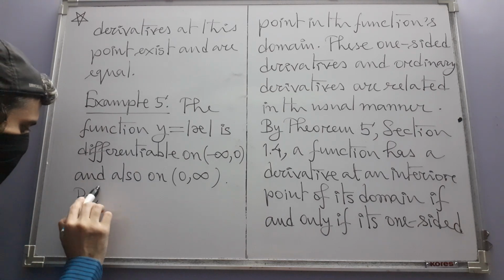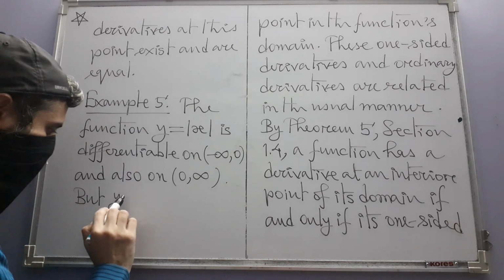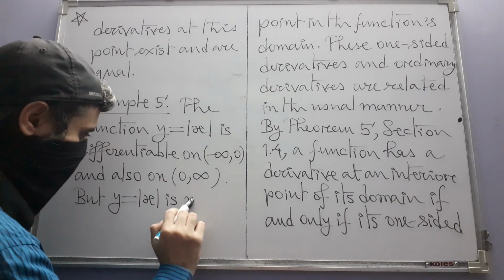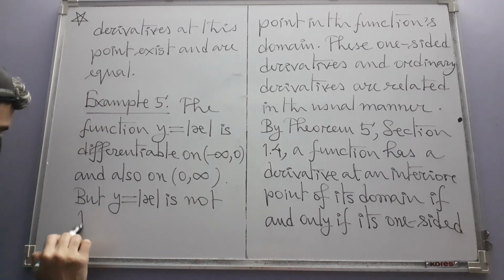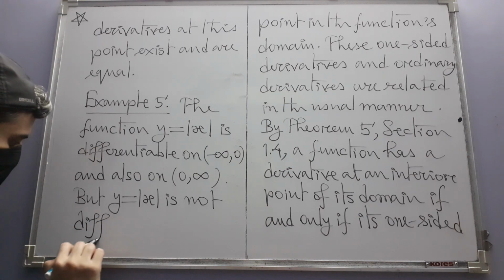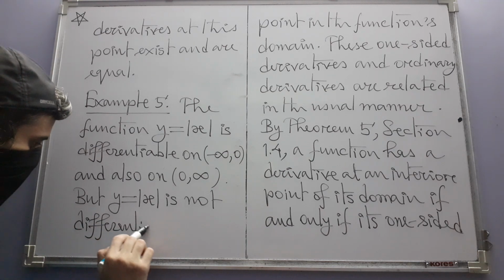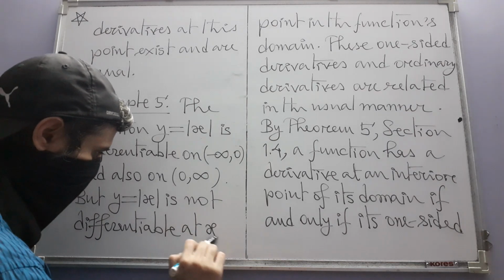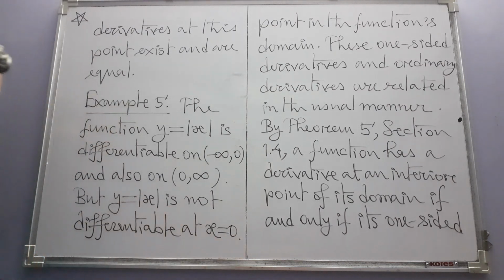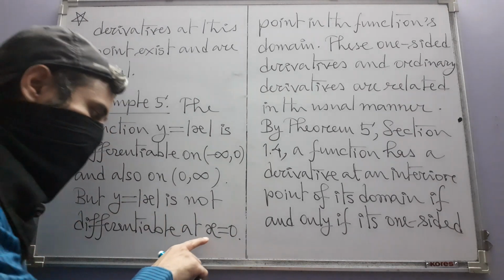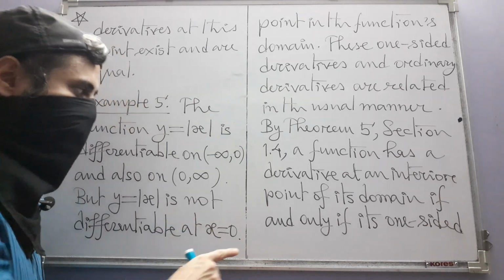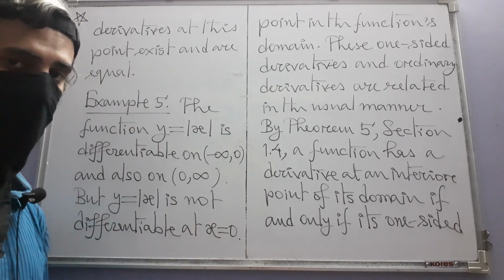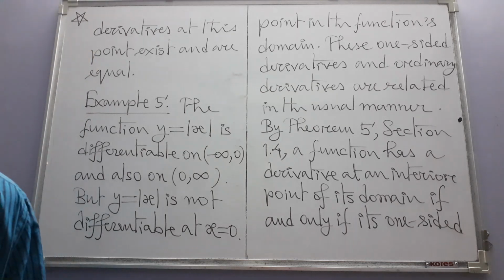But this is not differentiable at x equal to 0. Let us show this by showing that the one-sided derivatives at 0 both exist but have different values.